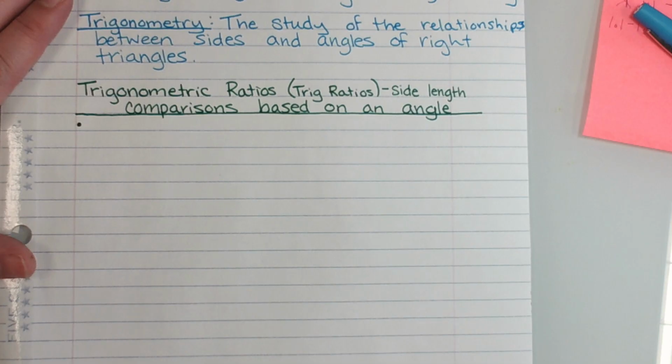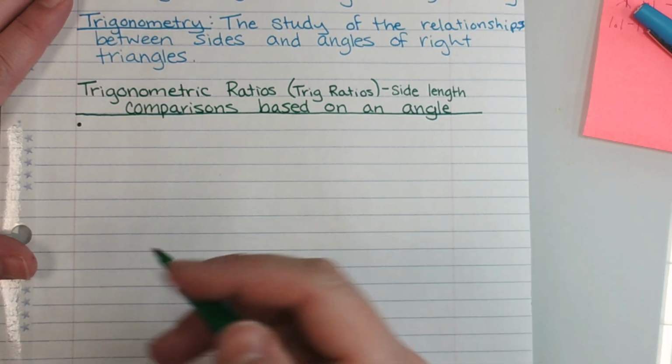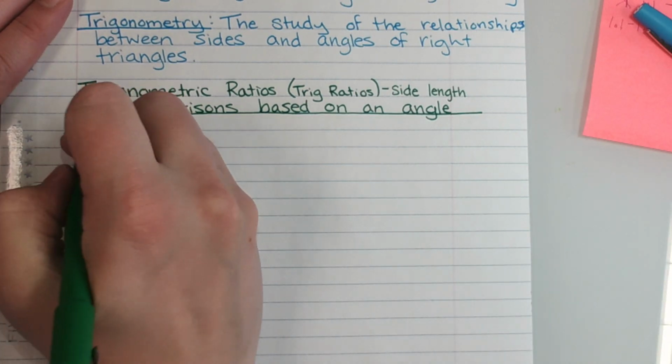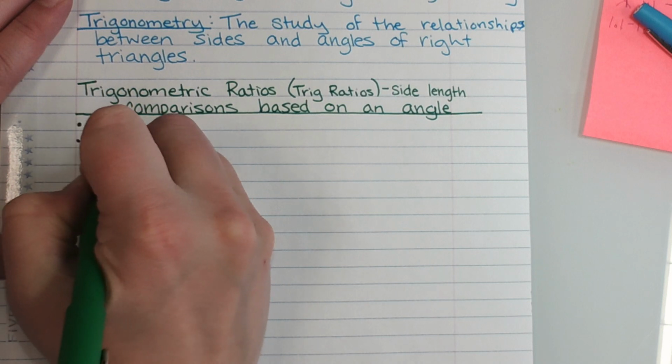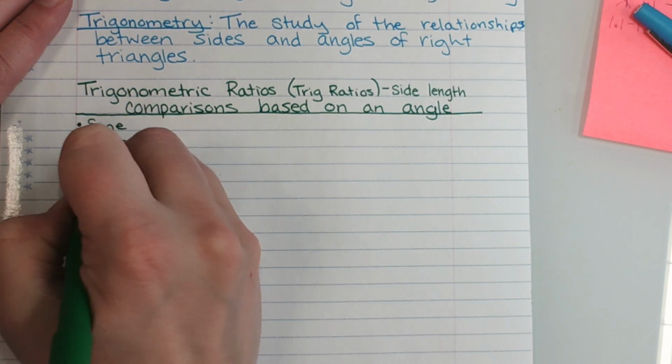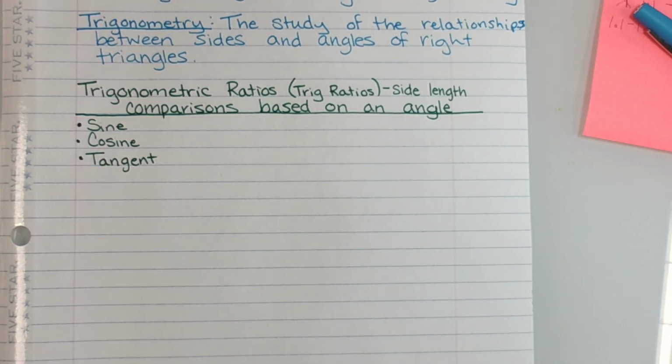Now, in geometry, you worked with three main trig ratios, and I have already said that. You worked with sine, cosine, and tangent. These are the three main trig ratios, but it's not the only trig ratios. These are generally the ones we work with when we're doing right triangle trig, but there are a total of 6 ratios.